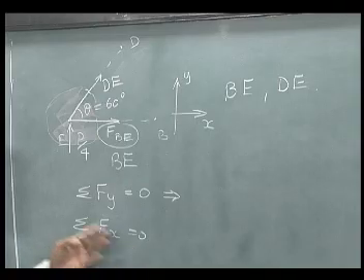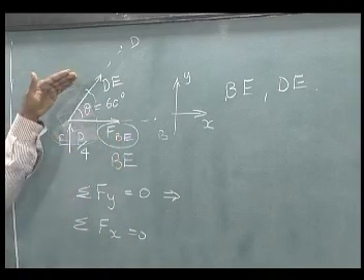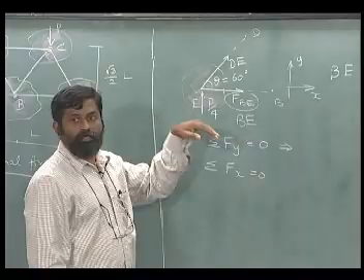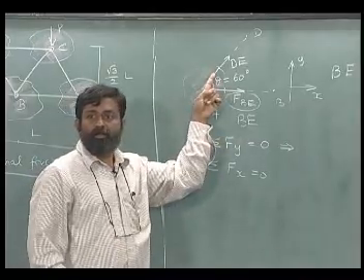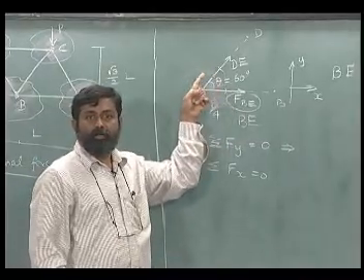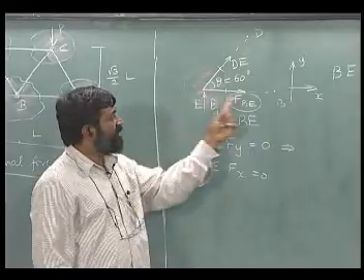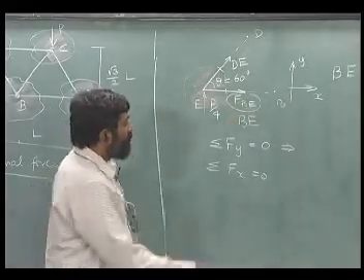Now which one would I choose, horizontal equilibrium and then vertical equilibrium, or the other way? It depends on your convenience. Supposing I take the horizontal equilibrium, what will I have?